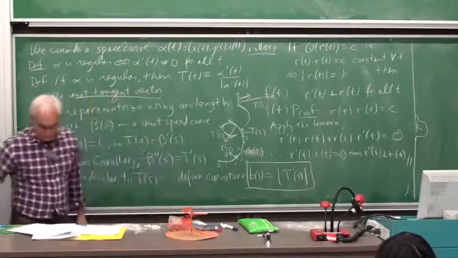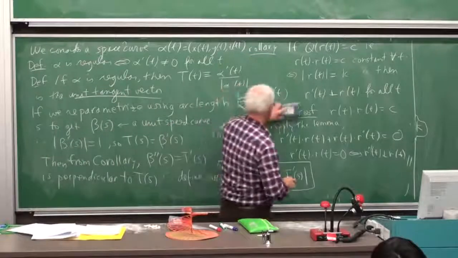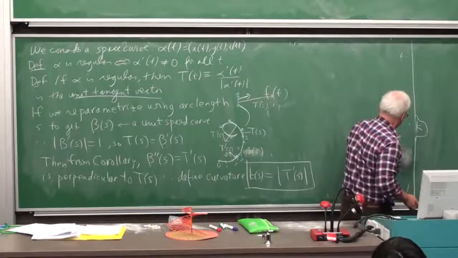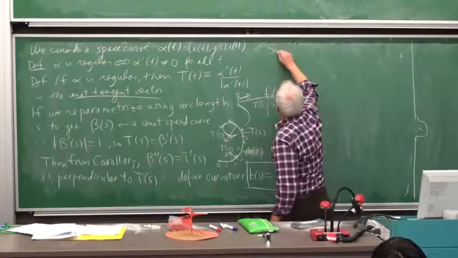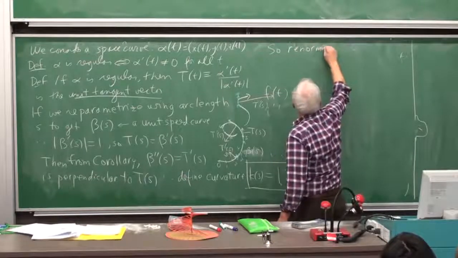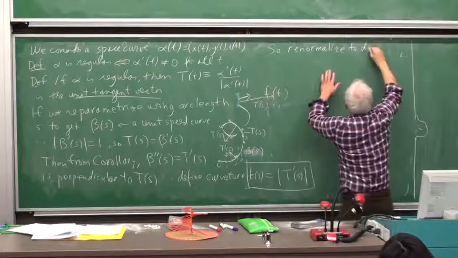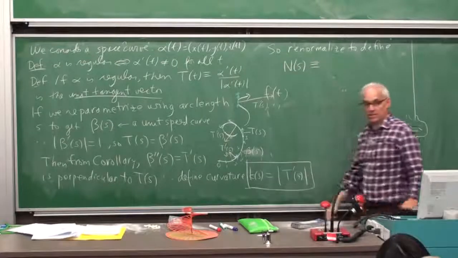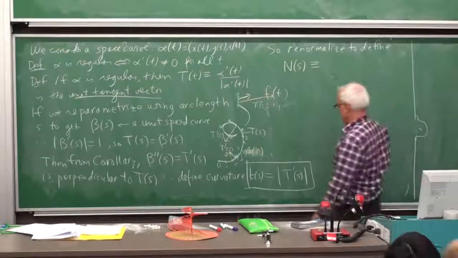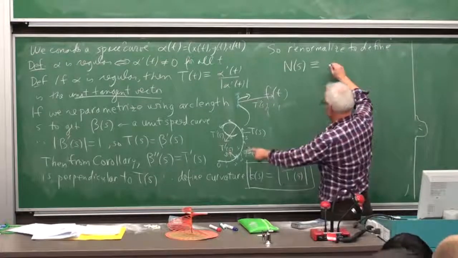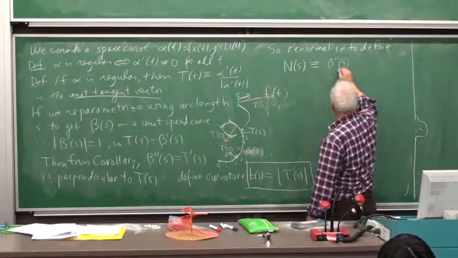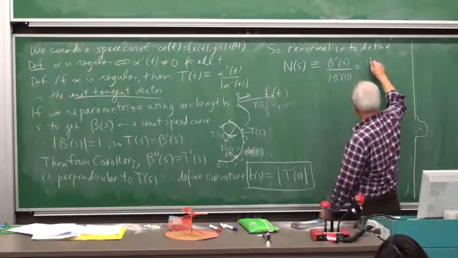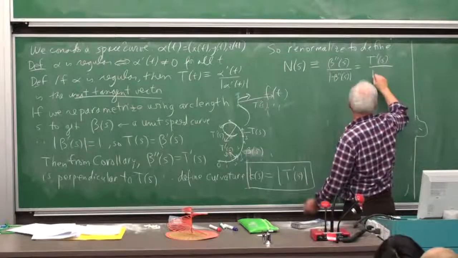So we're just going to renormalize to define N of S to be beta double prime of S over its length, which is the same thing as T prime of S over its length, and its length is the curvature.